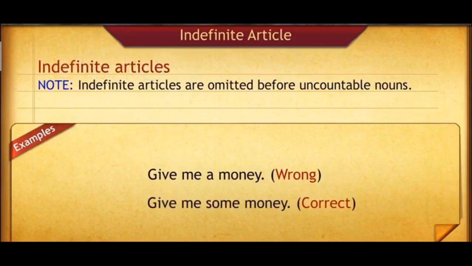So I can't say give me a money. Or theoretically saying money is countable, right? You can count 10 rupees, 20, 30, 40, whatever it is. But when we are talking about it in a broad sense, it is uncountable. So give me some money, it's correct. Just like saying give me some water. We can't say give me a water, it's completely wrong, right?